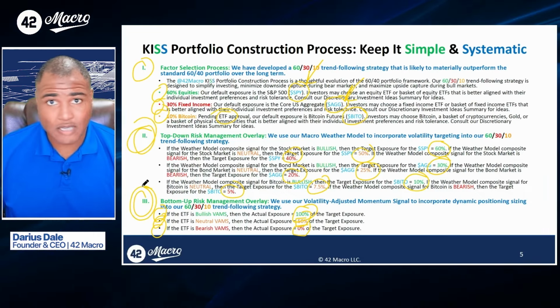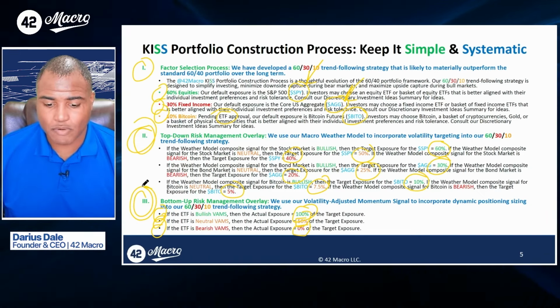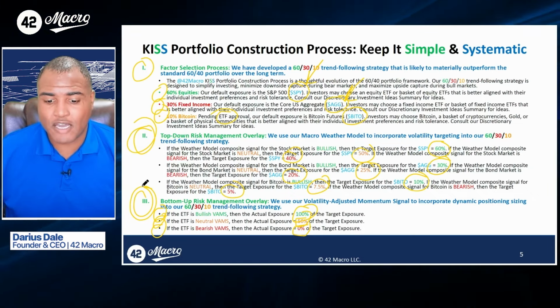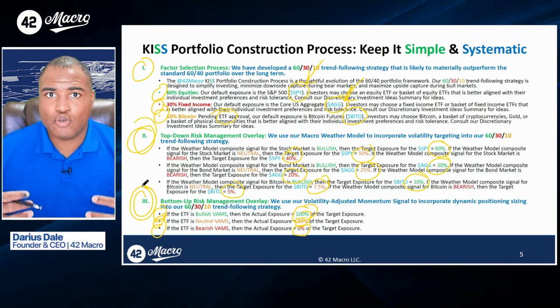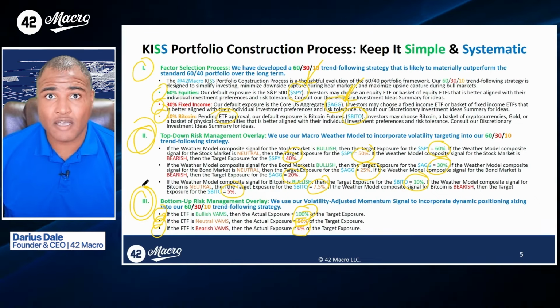You don't need to follow KISS. I personally follow KISS. We have thousands of clients all around the world following KISS, and we appreciate each and every one of them. But if you're not following KISS, it's very important that you systematize your risk management and incorporate rules, stick to those rules, and make sure those rules are driven by proven quantitative techniques like they are here at 42 Macro.